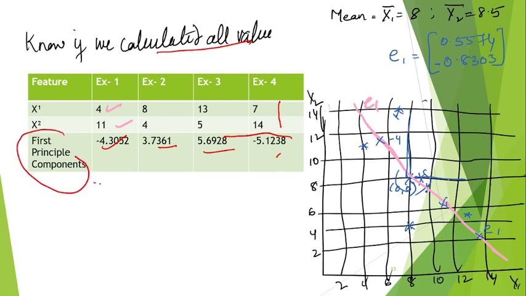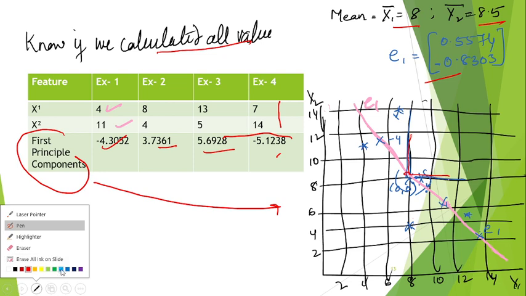Now how do you do this one? Let's take an example. I have already drawn this graph. Correct? This is 2, 4. This is our previous point, 4 and 11. These are all. Now this is our x bar. What is this? x bar, 8 and 8.5. Correct? And what are our E values? If I take this as 0, 0, let me go with the pen.